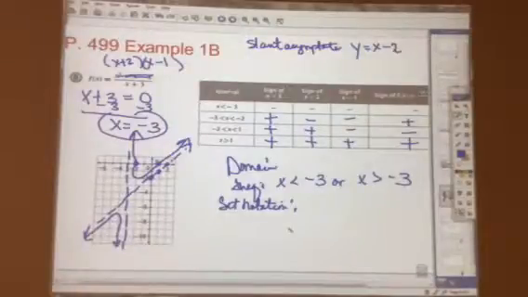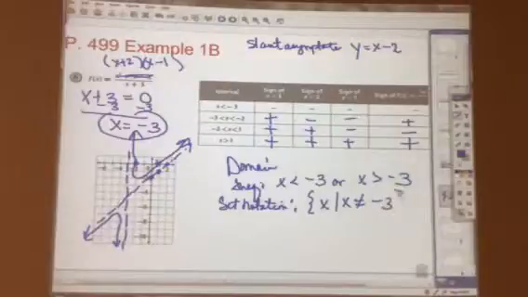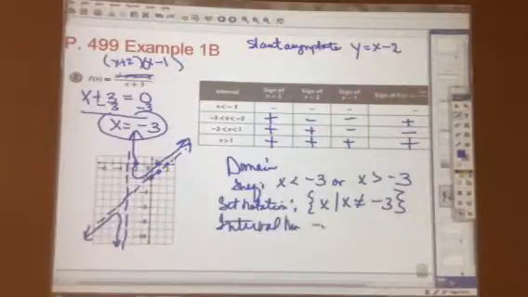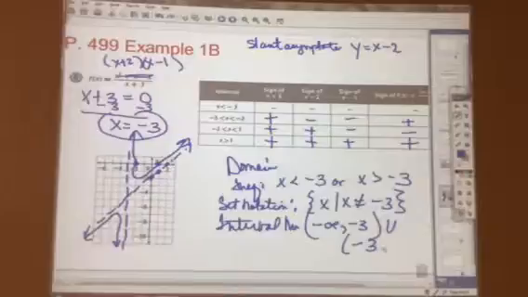Set notation. Braces, x such that x does not equal -3. Okay, x such that x does not equal -3. Interval notation. Negative infinity to -3, union, -3 to positive infinity.